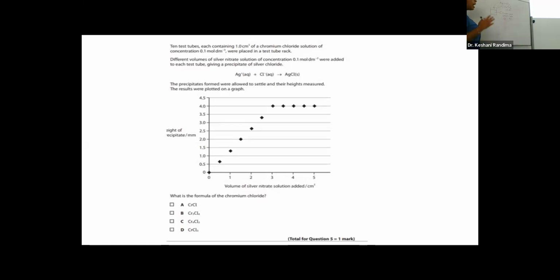So at 3 cubic centimeters of AgNO3, the reaction is complete. Right? So this should be chromium chloride.